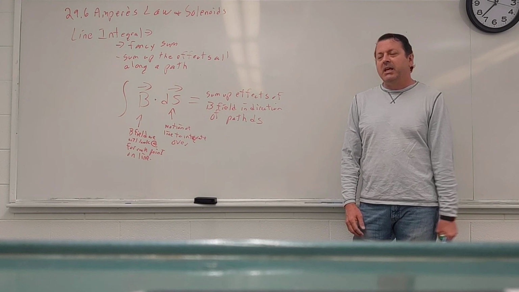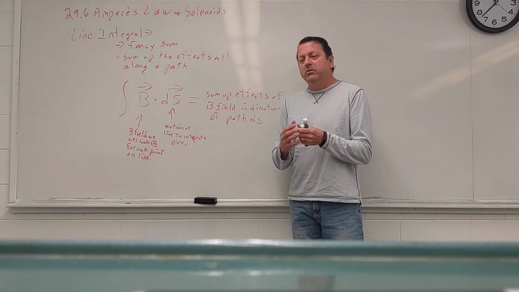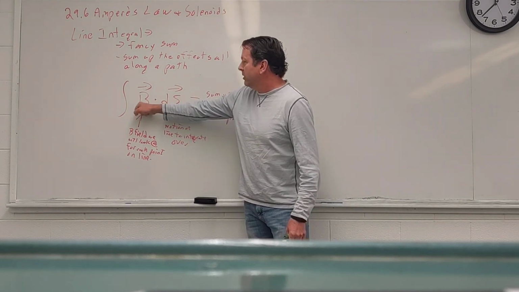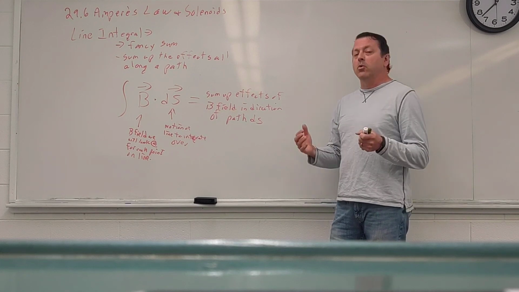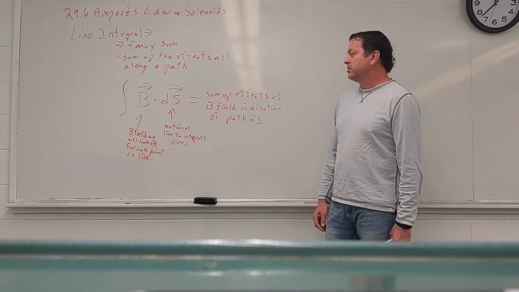Similar to what we did with Gauss's law, let's do the integral, but know that it's always going to be perpendicular or parallel. So when we do this integral, this B dot ds, it's either going to be maximized or minimized, being a 0, from a magnitude perspective. Okay?